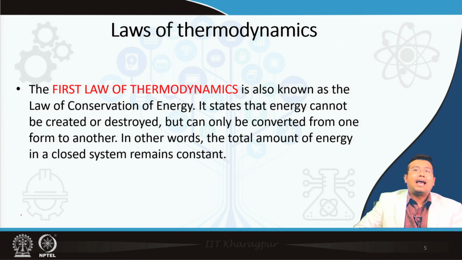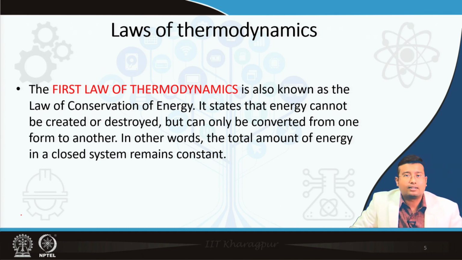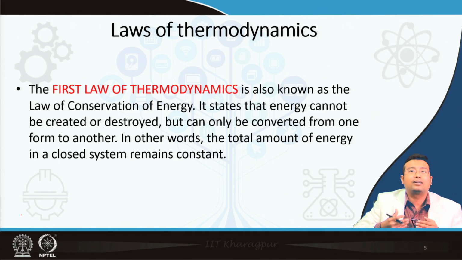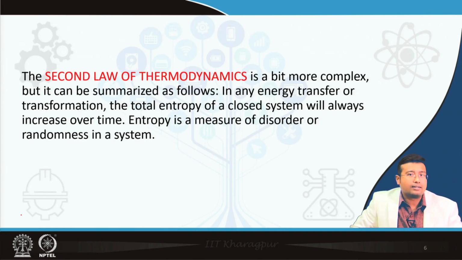It states that energy cannot be created or destroyed, but it can be converted from one form to another. So, if we consider a closed system, the total energy remains constant. So, this is the first law. Energy can neither be created nor destroyed, it can only be converted across various forms in a closed system. This law is actually easy to understand.